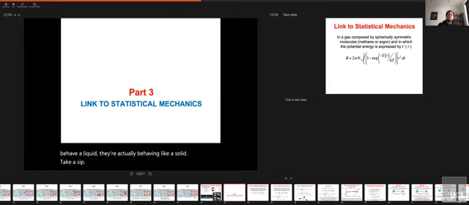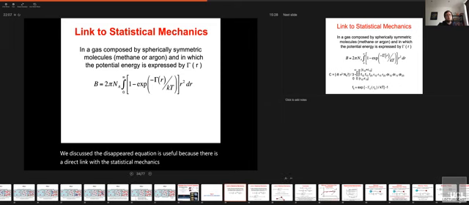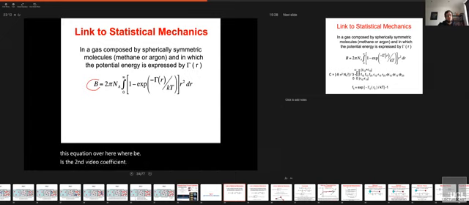We discussed that this virial equation is useful because there is a direct link with statistical mechanics. Well, that link is expressed by this equation over here, where B is the second virial coefficient, and this is the Avogadro number. This is the constant pi. This is an integral from distance 0 all the way to infinity. r is the distance between two particles, radial distance essentially.